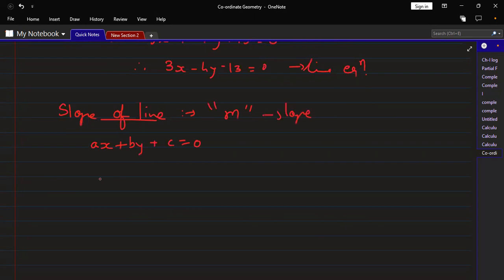So m equals to minus a upon b. Here a is the coefficient of x, b is the coefficient of y. Just you have to put all a and b values which are given from the line equation. अगर आपको line equation दिया है तो a और b directly line equation से उठाओ, जैसे कि ये line equation, तो यहाँ पर a हो जाता है 3 and b हो जाता है -4. So slope of that line is minus a upon b, directly from the equation.